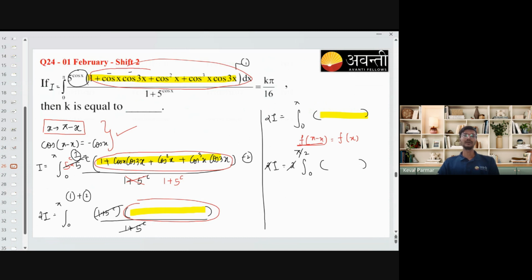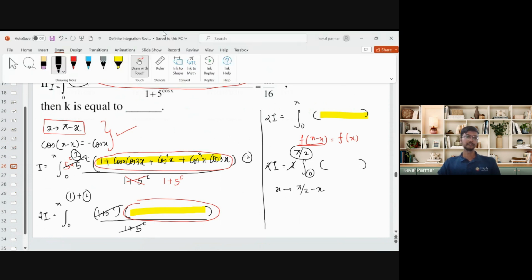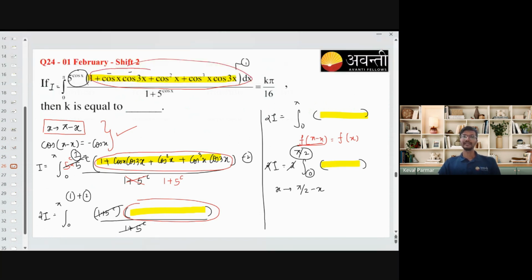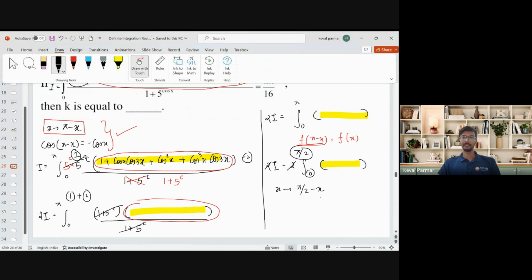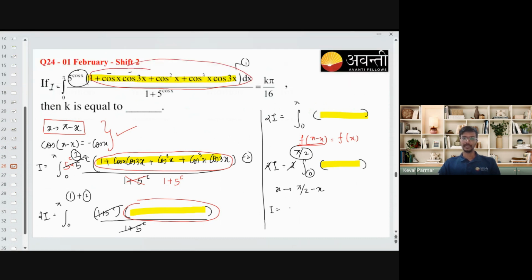Now again, we can use King. That means I can replace x by pi by 2 minus x, sum of lower limit plus upper limit minus x. This yellow bracket is the same. If I replace x with pi by 2 minus x, I will become integral 0 to pi by 2.